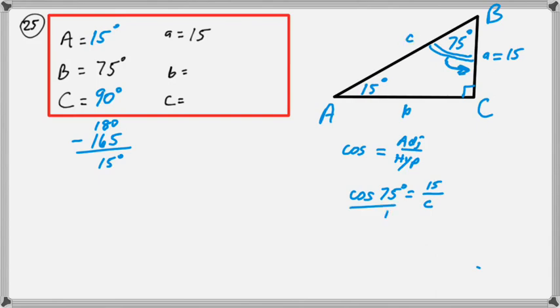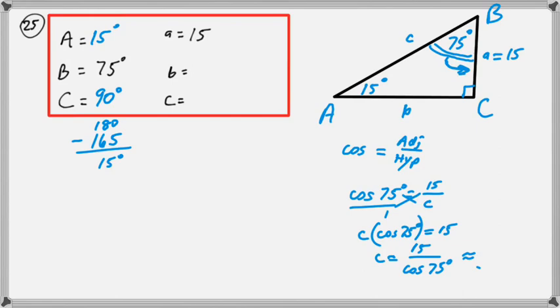Solve it for c. c times the cosine of 75 degrees equals 1 times 15. What's the opposite of multiplying by the cosine? Divide by the cosine. And you'll get c to be approximately something.